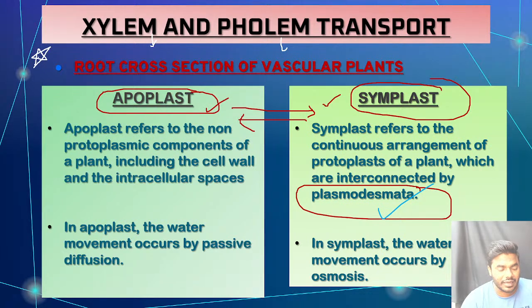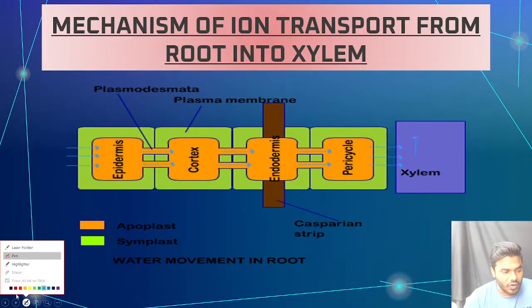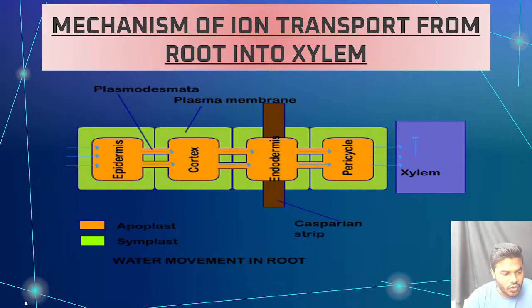They will only travel with the help of intercellular spaces. Don't forget this. Okay. Now friends, I want every student to understand this. If you don't understand this slide, you can't understand the entire xylem transport.